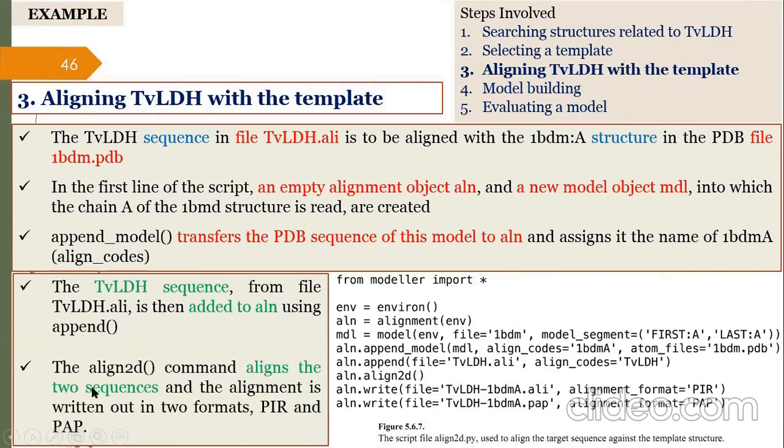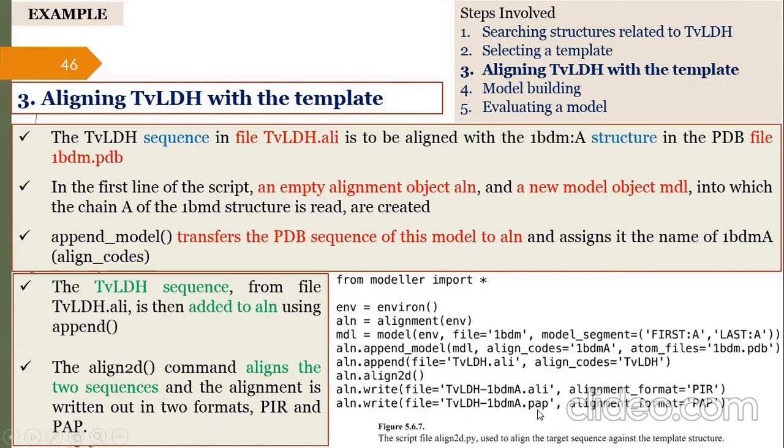Here you can see the align2d command. This command aligns the two sequences, and the alignment is written out in two formats. So what will the output be?